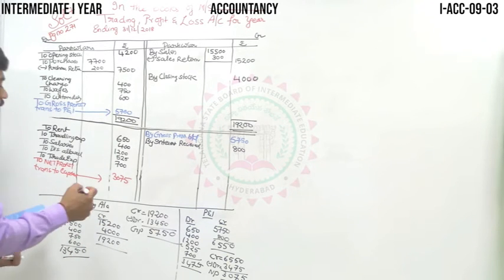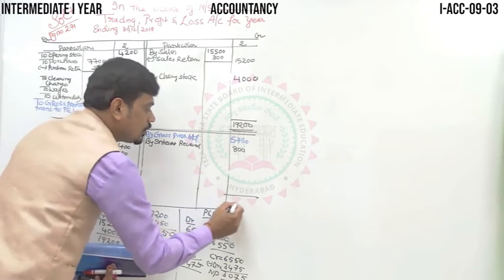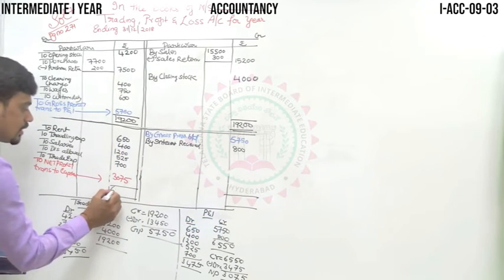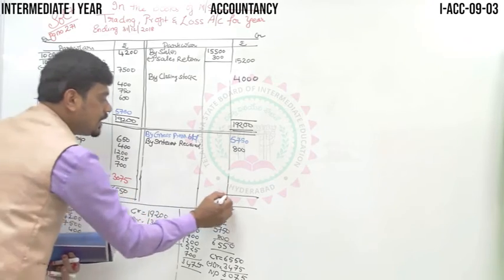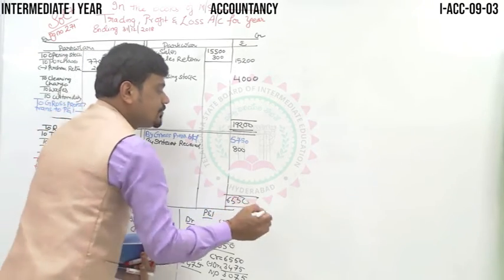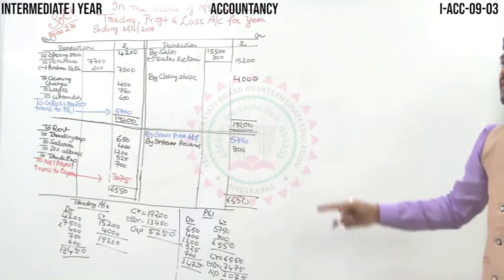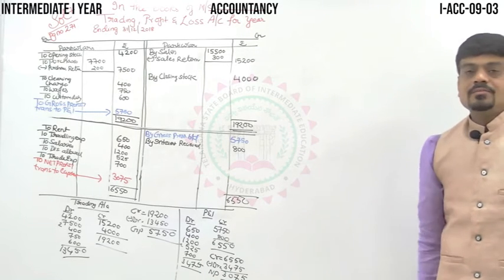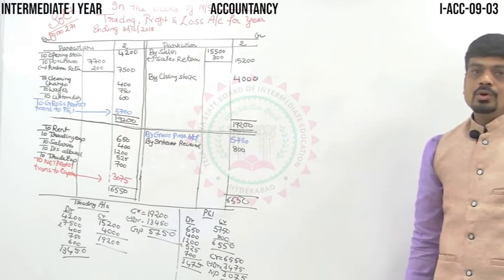Now we'll close the account, both the sides, 6,550, 6,550. So like this, together we can do trading and profit and loss account.